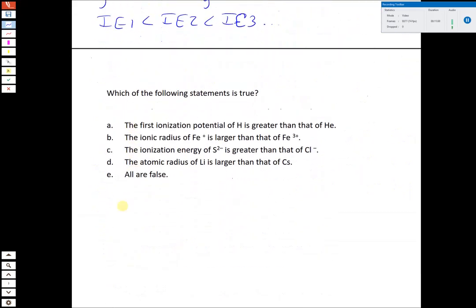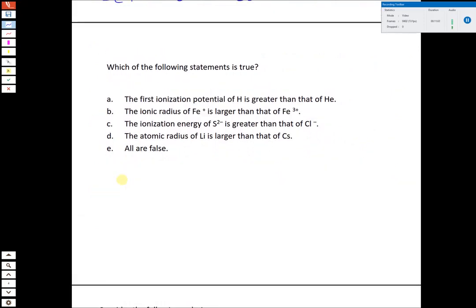All right, next one. More things about periodic trends, again, mostly with ionization energies. So which of the following statements is true, A, B, C, and D? So for A, we're comparing the first ionization potential, that should be energy, same thing. First ionization energy of hydrogen and helium. And we're looking for the false statement.